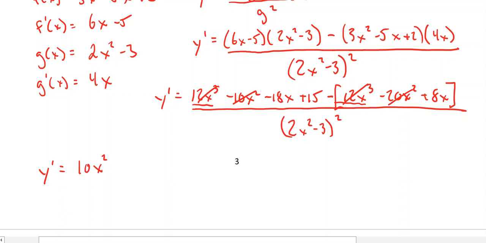Negative 18x minus 8x would be negative 26x. That takes care of that and that. And then we just have the plus 15. And that is over the denominator squared. Oops, that's a 3. And there we have it. That is the derivative, as simplified as we can get it.